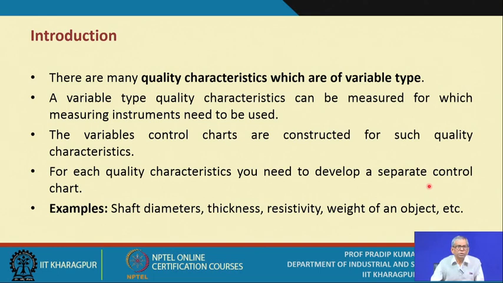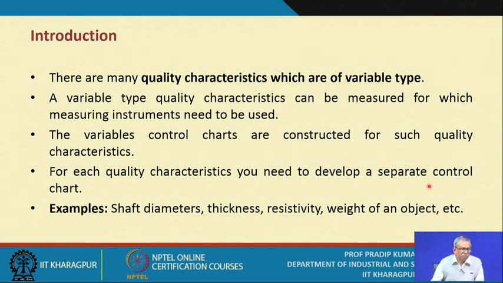We have already mentioned that there are two types of the data you come across in quality control exercises, in quality control related problems. So, the two types of data are referred to as attributes data and the variables data. We have already discussed attributes control charts, and now we are referring to the variables control charts.